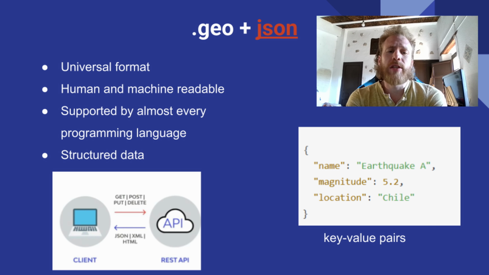You can open a JSON file in a text editor and instantly understand what's going on. In short, JSON is the language of the internet when it comes to structured data, and that's why GeoJSON, being just a JSON format, fits perfectly in modern workflows that involve data and the web.